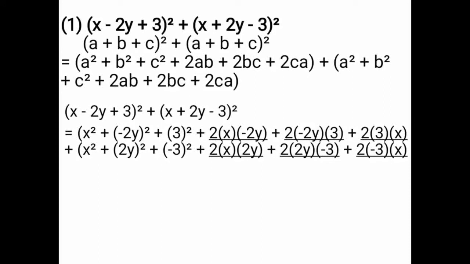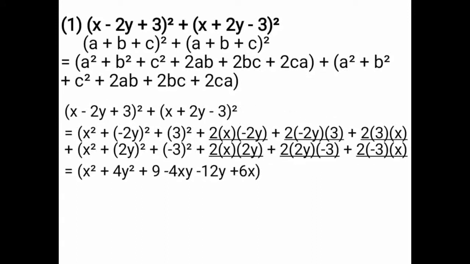Now next step, you have to underline 2ab plus 2bc plus 2ca 2 times, because you wrote the expansion form of the formulas of (a plus b plus c) the whole square 2 times. In the first bracket you expanded the formula over here, and in the second bracket you expanded it over here. Now multiply all these.